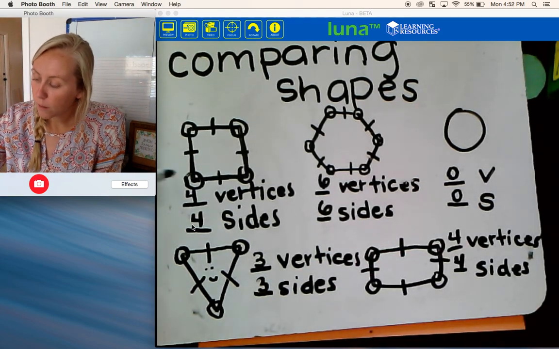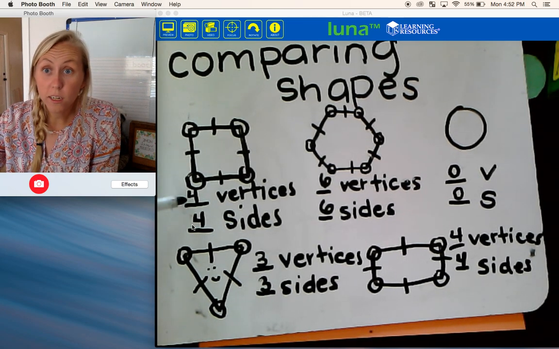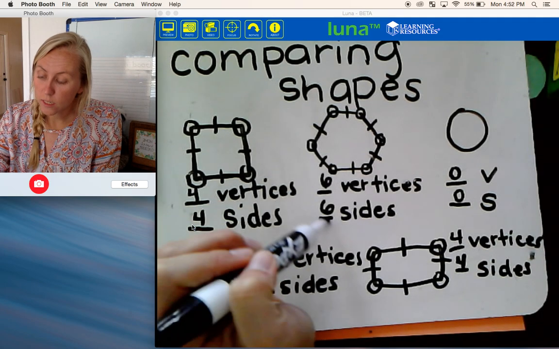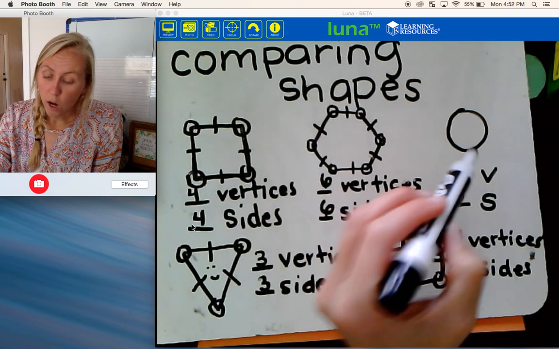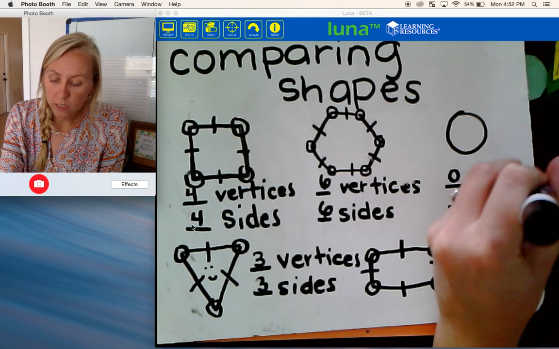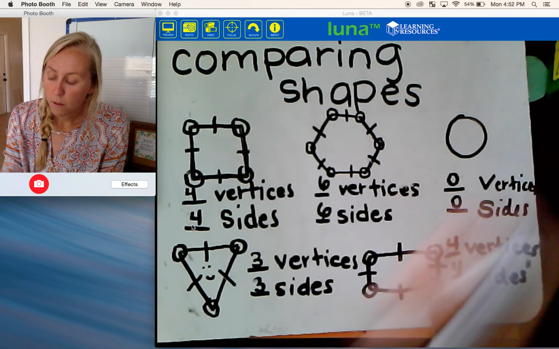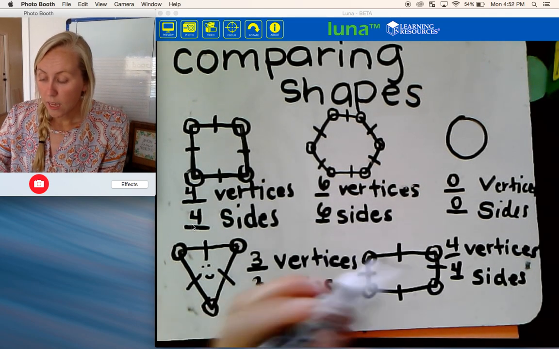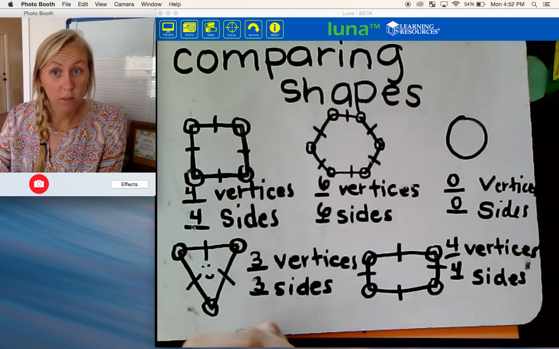So if we look up here, our square has 4 vertices and 4 sides. Our hexagon has 6 vertices and 6 sides. Our circle has no vertices and no sides. Our triangle has 3 vertices and 3 sides. And our rectangle has 4 vertices and 4 sides.